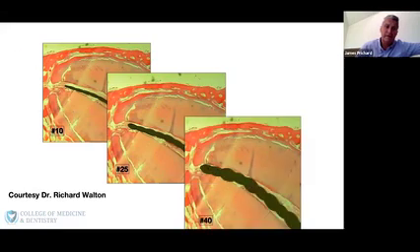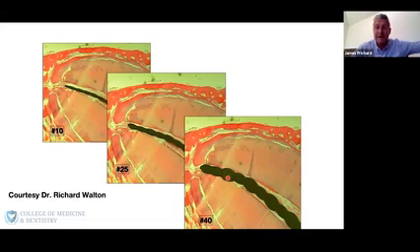So looking at our traditional shaping processes, we can see that when we move from a 10 to a 25 to a 40 .02 taper file, we can contact more of the canal wall. If we can contact more of the canal wall, we can get better debridement of the canal wall. If we can get better debridement of the canal wall, we can hopefully reduce the microbial load and improve our endodontic outcomes.